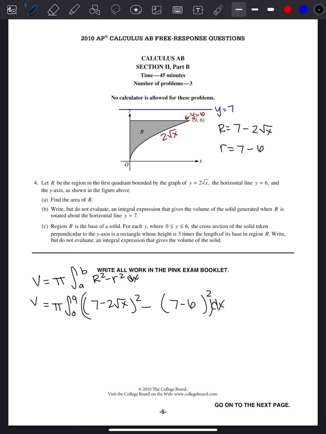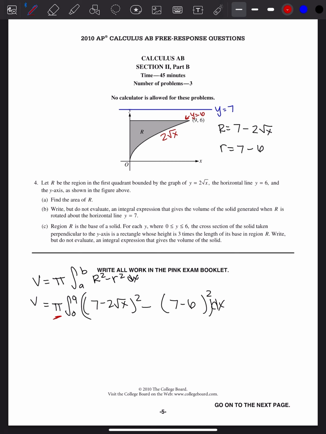One of the things that they're going to do when they grade this problem is they may look for specific things. There are 2 points for what's inside the integral, the stuff inside here. And then there's going to be a point for the constants that we may have to add in here.